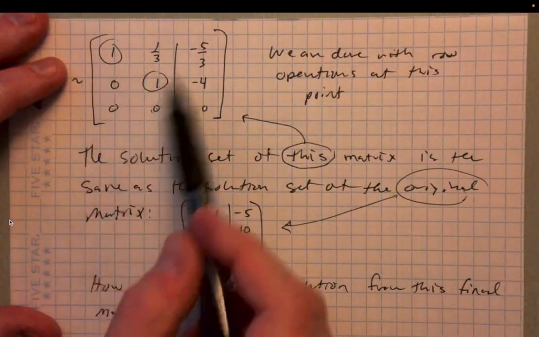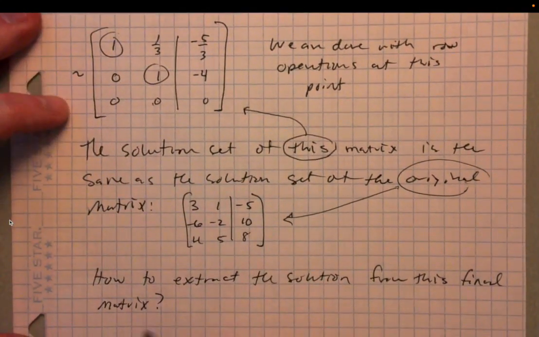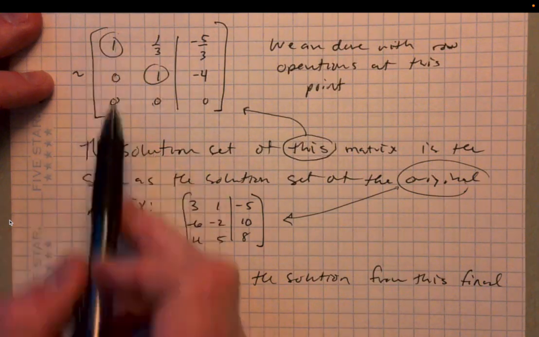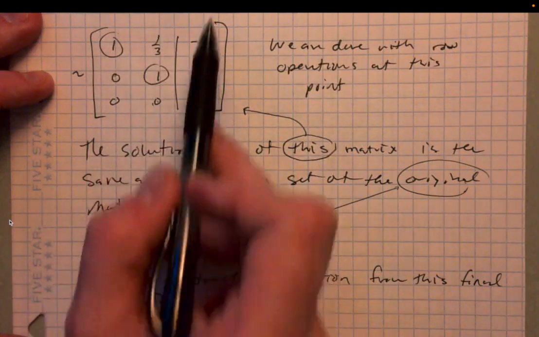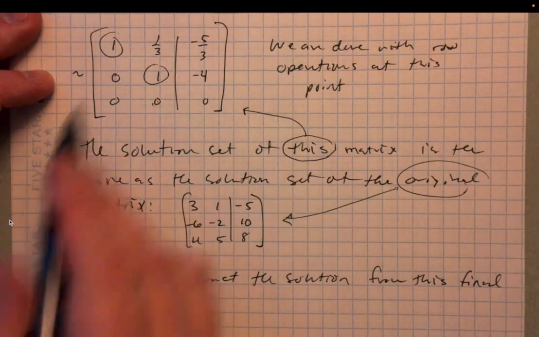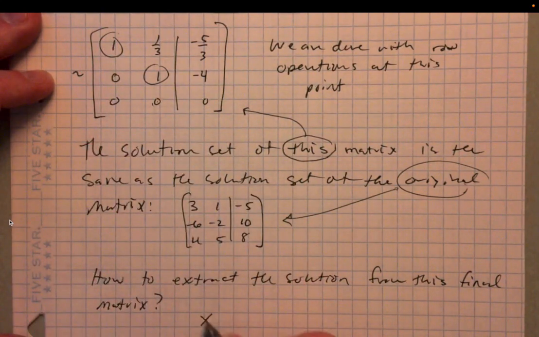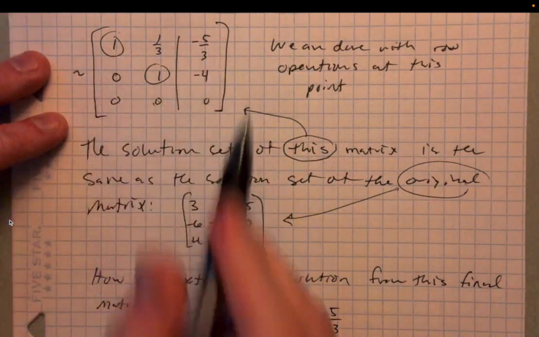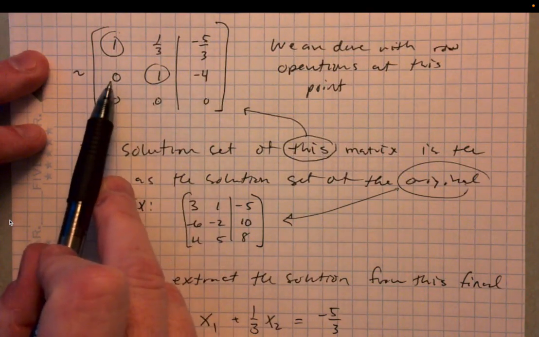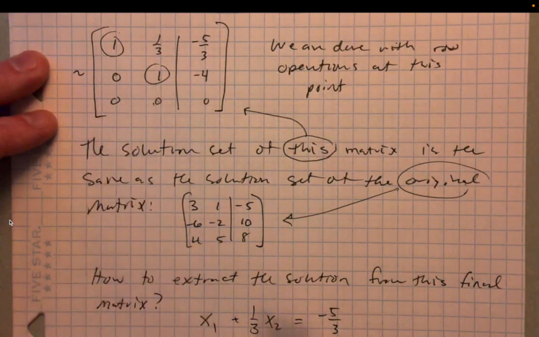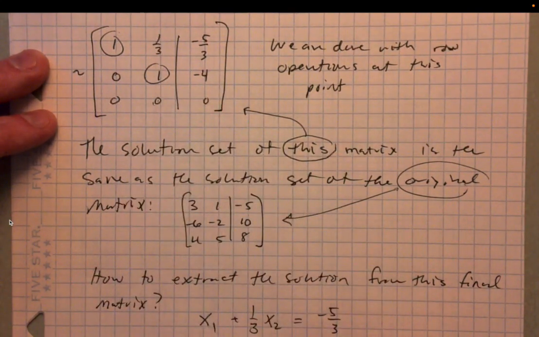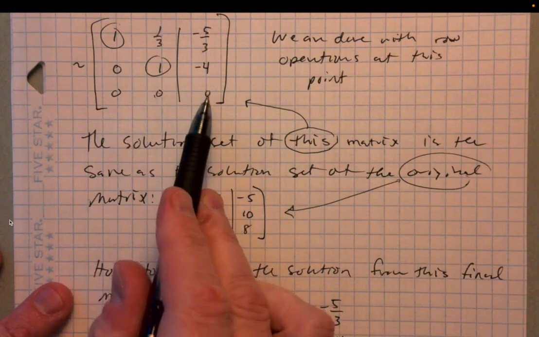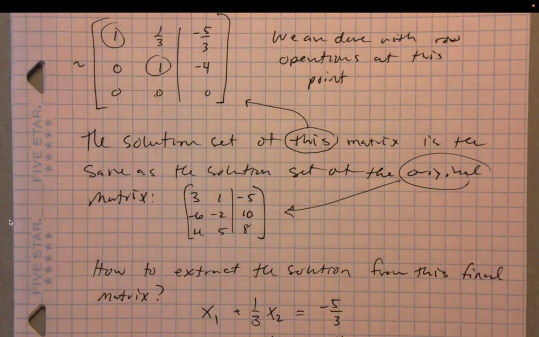We can take this matrix and convert it back into a system. We know that these are the x1 coefficients, these are the x2 coefficients, and these are the scalars. So this corresponds to x1 plus 1/3 x2 equals negative 5/3. That's equation 1. Equation 2 is 0x1 plus x2 equals negative 4. And the third equation is all zeros, so we don't even have to think about it.